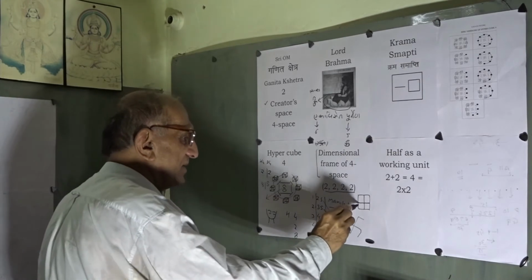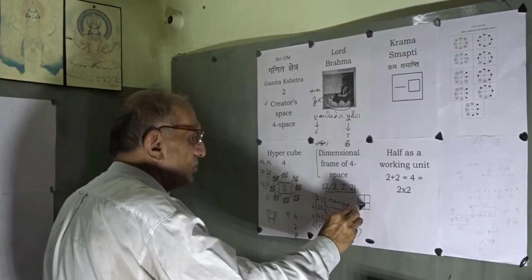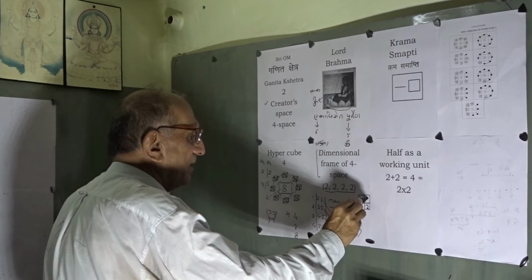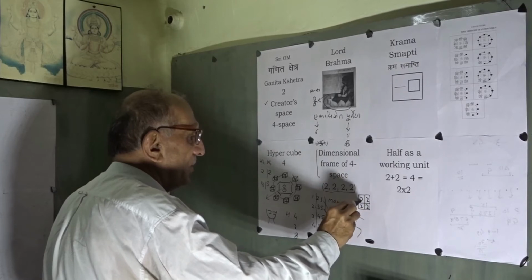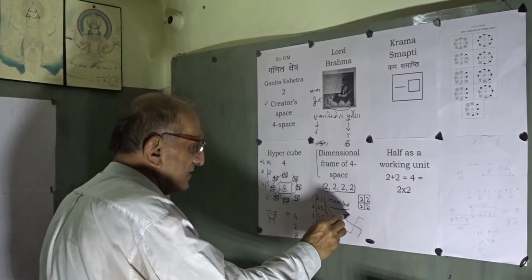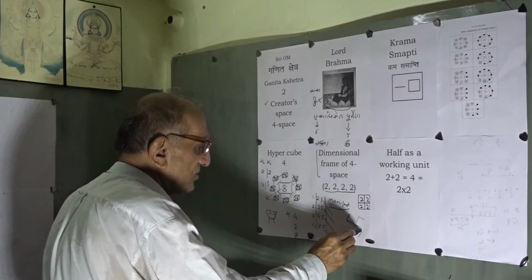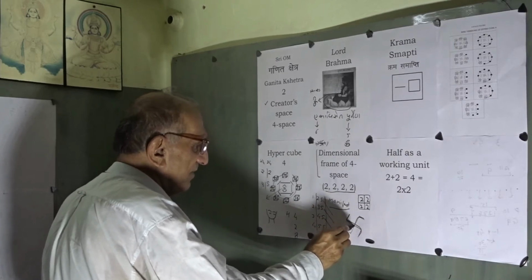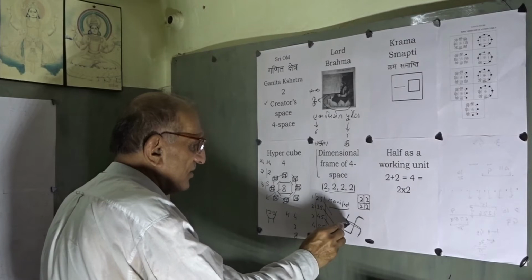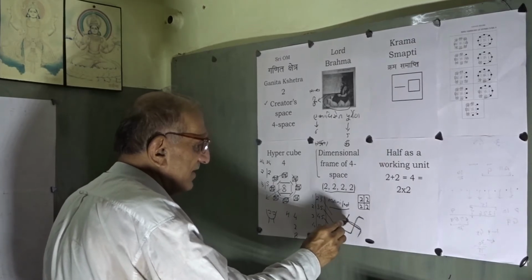So each square is a plane, each quarter is a plane. So the printout here is designated as a swastik. Therefore the mathematics of creator's space becomes the mathematics of swastik.